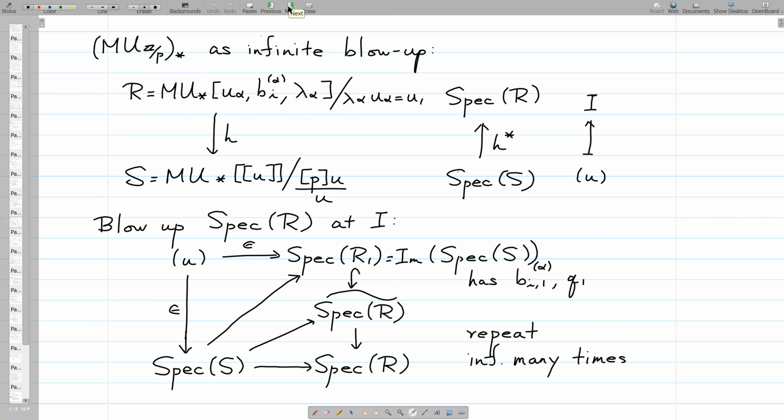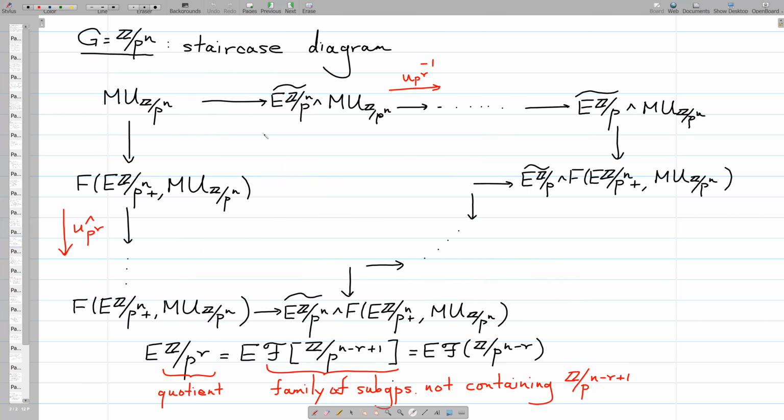Okay, I'm kind of running out of time, running behind a little bit. So let me tell you that there's also a G equals Z mod P to the N case. And the way to deal with this is to look at a staircase diagram where you have MU Z mod P to the N, and we can look at various Z mod P to the R's.